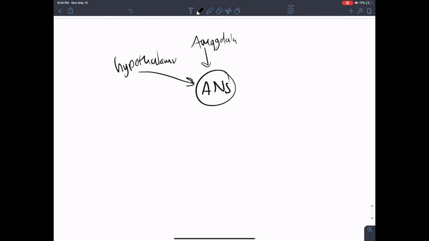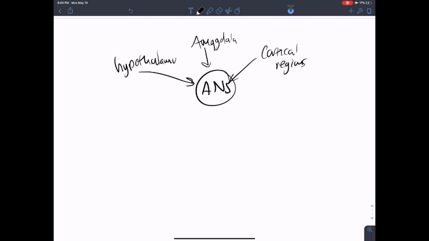Cortical regions, conscious intervention, could also lead to different activations of the autonomic nervous system.